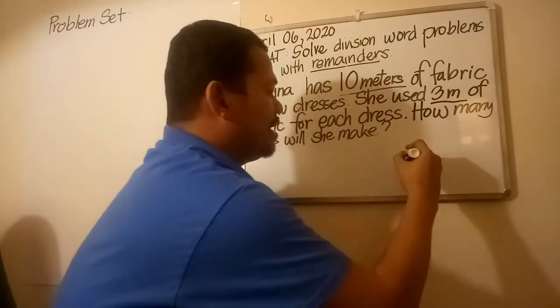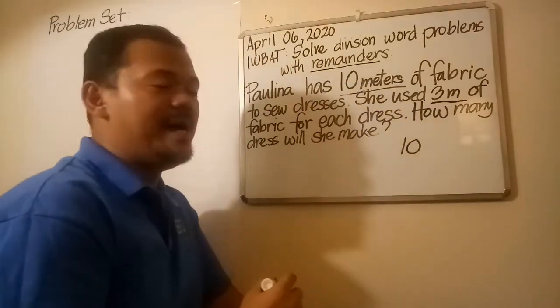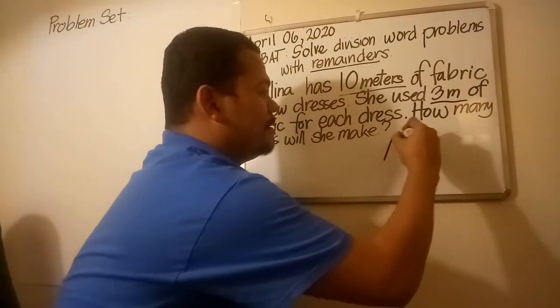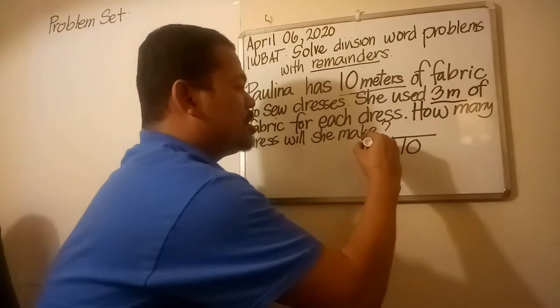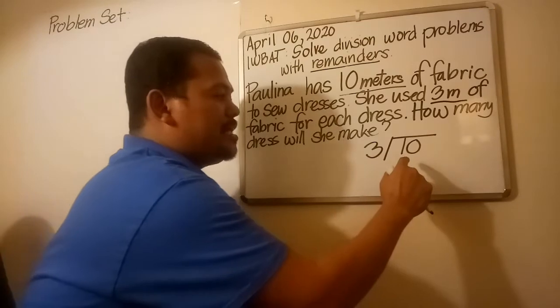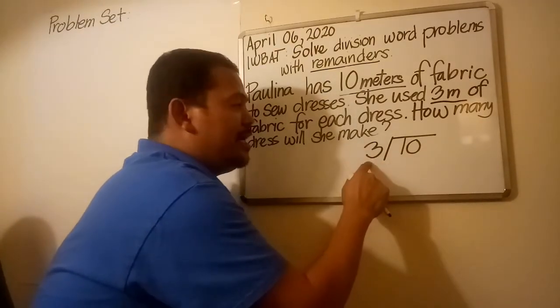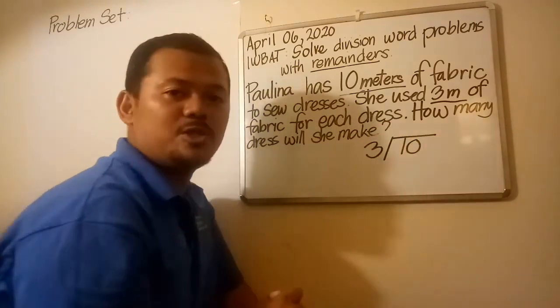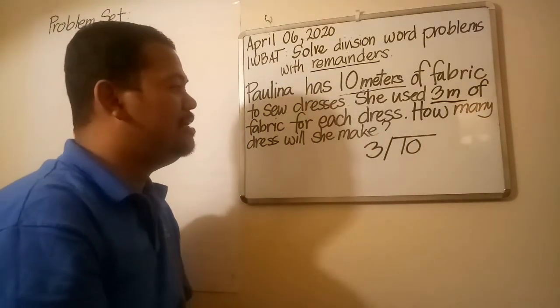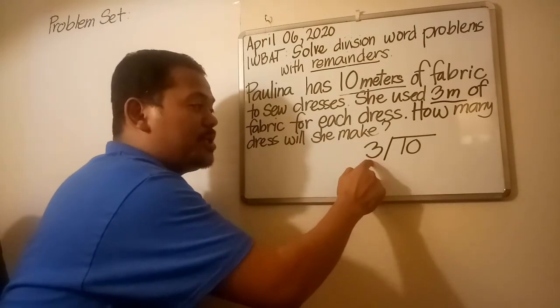So to start with, let's try to divide 10 meters divided by 3 meters. There you go. So let's count. This is our dividend. This is our divisor. And we are going to find out our quotient. Okay? Now, let us try to skip count our divisor, which is 3.